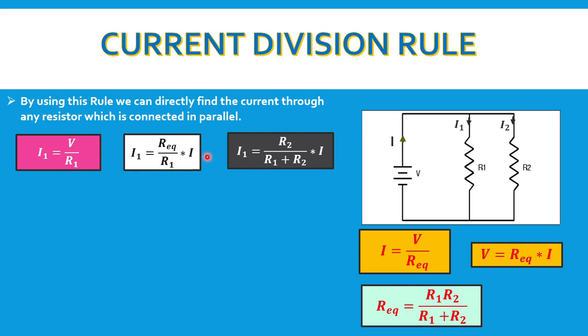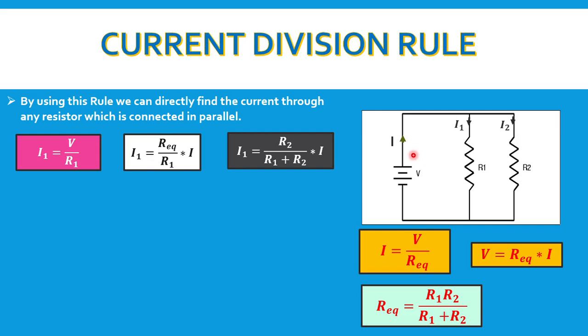It is only for two resistors connected in parallel, but when there are more than two resistors connected in parallel, we use the other formula. So we have to remember this formula.